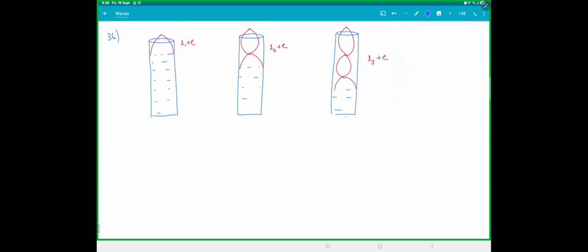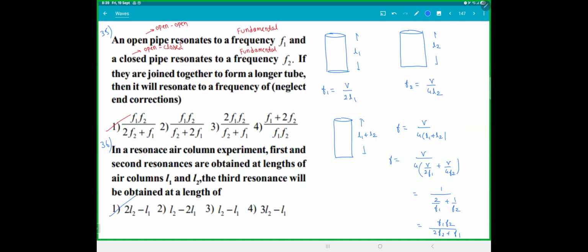The difference in length between two resonances is always lambda by 2. L2 minus L1 is L3 minus L2. First option. Easy?